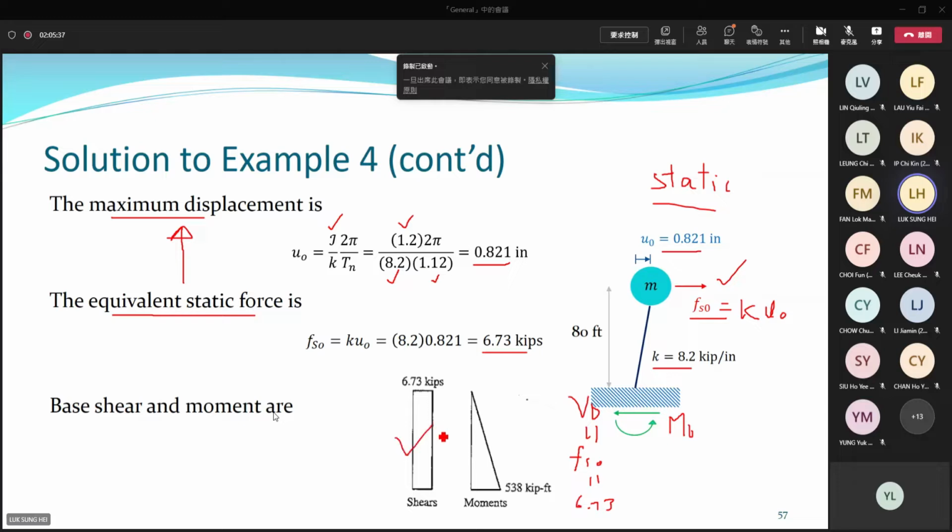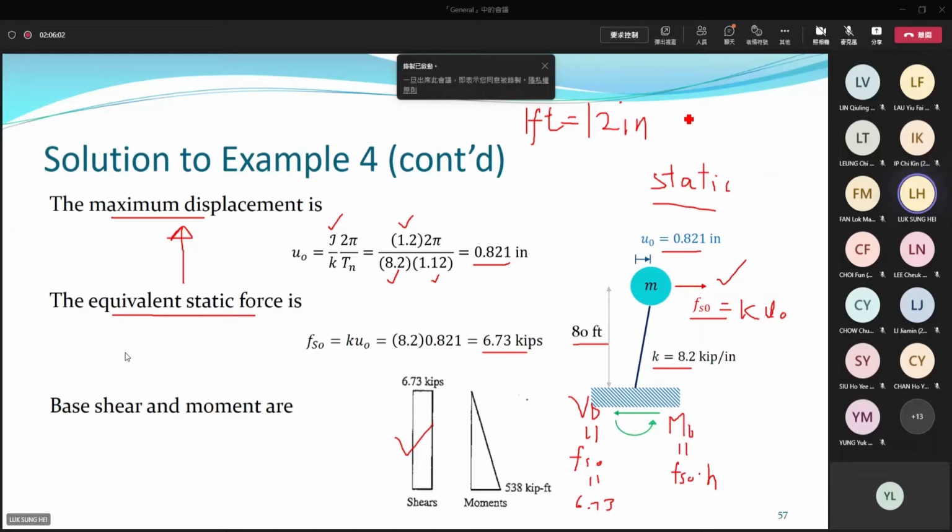So this is a shear diagram. Moment is equal to force times the moment arm, 80 feet. We have to change feet to inch or change inch to feet. 1 foot equal to 12 inch, so you can do the conversion easily.